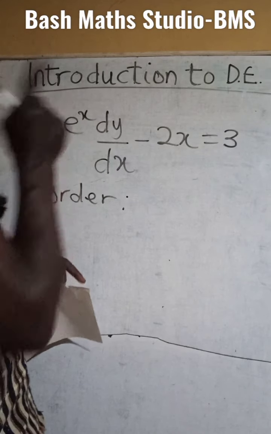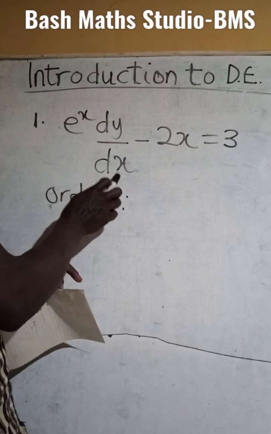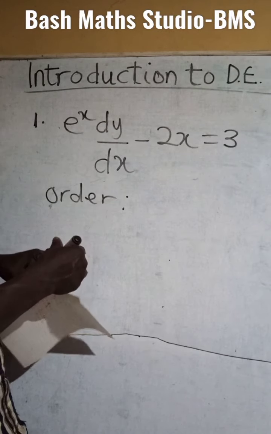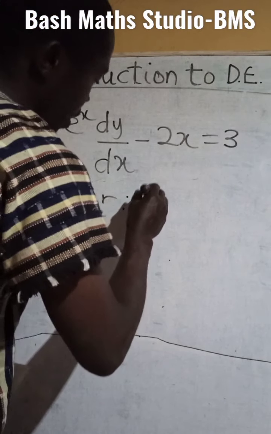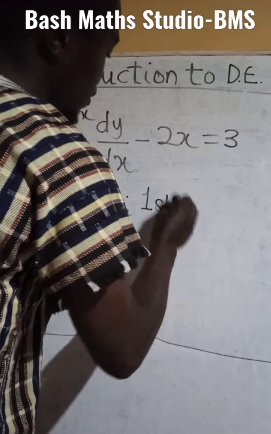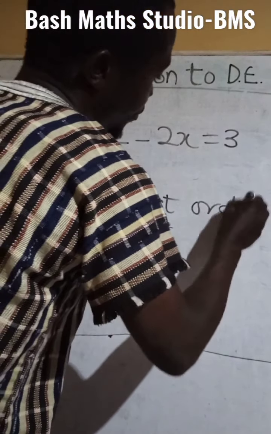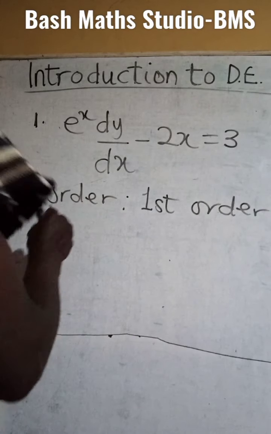So it's just one derivative, only a first derivative of y with respect to x. So here we say that this differential equation is a first order, or order 1. Then we talk about degree.